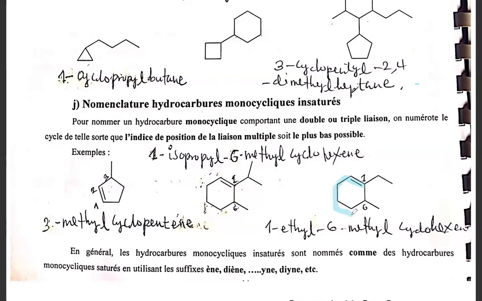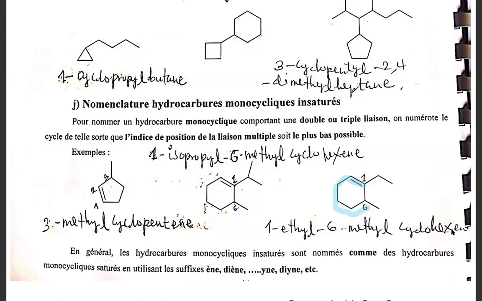It's only this direction that is going to satisfy these conditions. So if it is a 6-chained hydrocarbon, it will be called hexane. Now, because we have the double liaison, the suffix will be ene. That would be a 6-chained hydrocarbon called hexa, with a termination of ene.